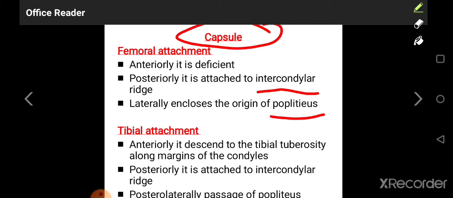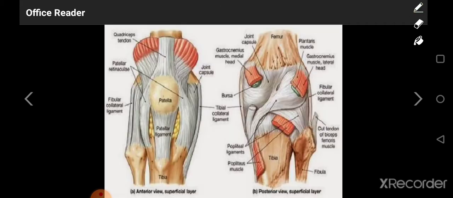On the tibia, anteriorly it descends to the tibial tuberosity along the margins of the condyles, and posteriorly it is attached to the intercondylar ridge. Posterolaterally it gives passage to the popliteus muscle. So here we can see the fibrous capsule on the posterior as well as on the anterior aspect.